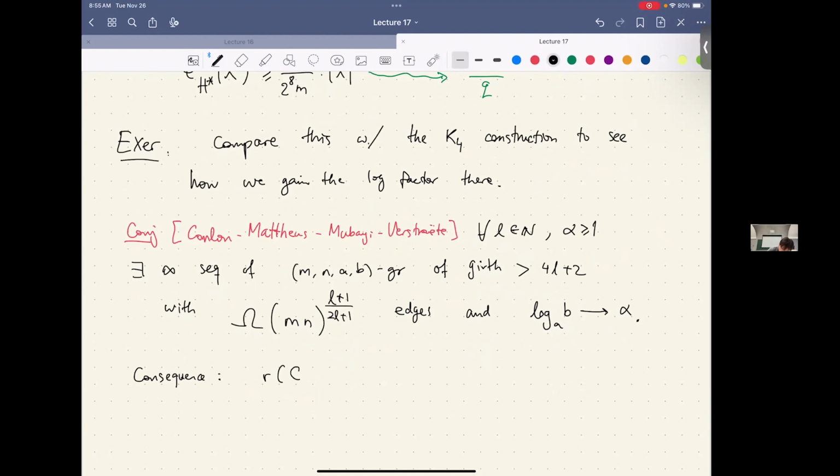Let's say C_L, K_t. No, but this is a different L. Let me use a different one. C_s, K_t, where s is fixed and t goes to infinity.